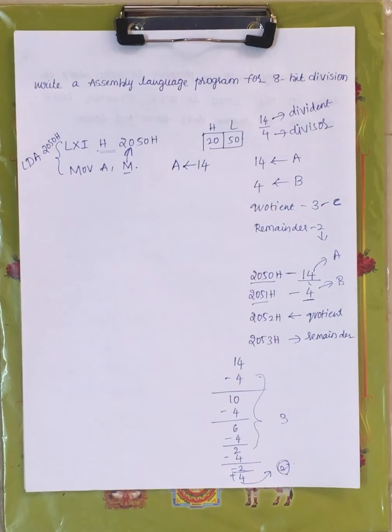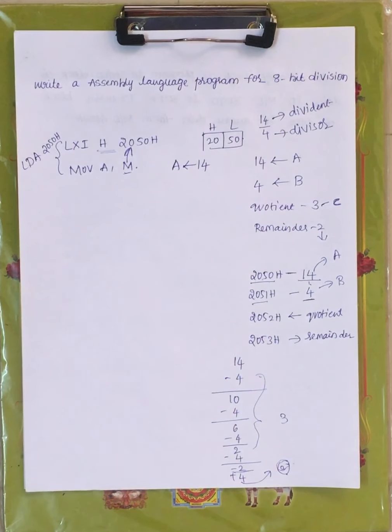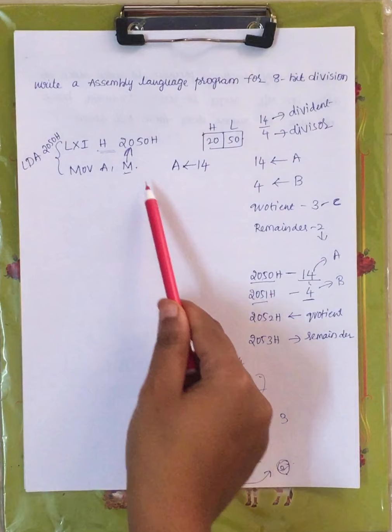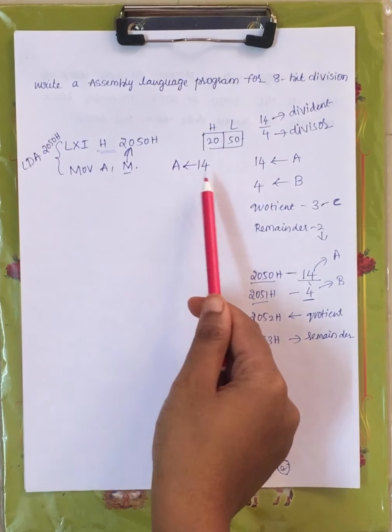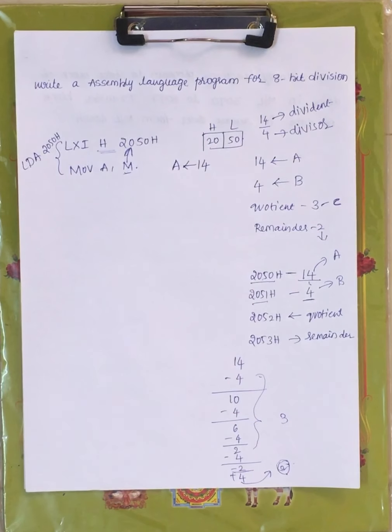Why can't we use a single instruction? We will see that later. First the memory location is moved to the HL register pair. Later, using the memory pointer, we move the data of that particular memory location to the register A or B that is specified within the instruction.